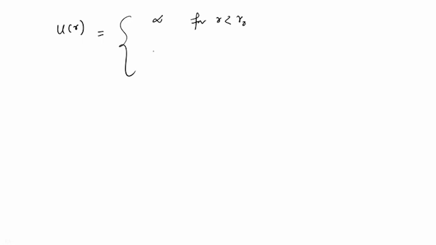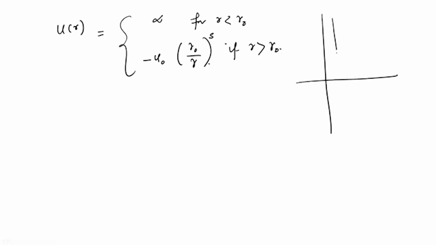So, it is like a straight wall there, and it is equal to minus U 0 times R 0 by R, or I can write it as small r, if R is greater than R 0, to the power s, and so this behaves like this. Okay. And so, this is again R 0, and this is that U of R, and s equal to 6 is most common.